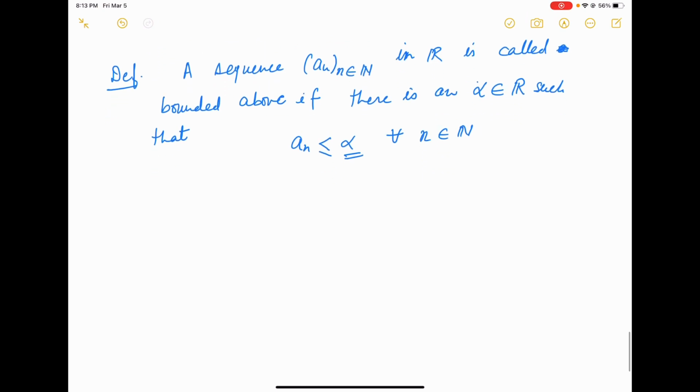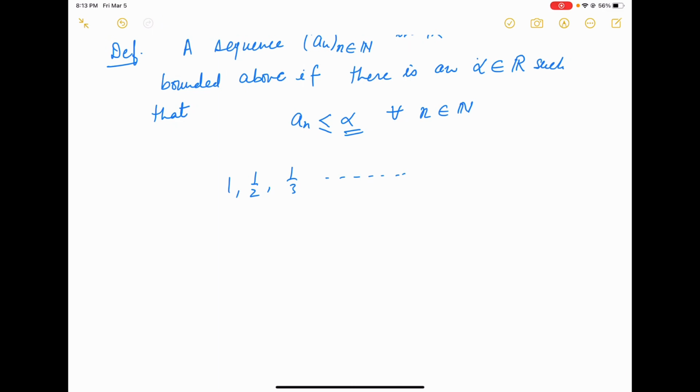For example, if we take the sequence 1, 1/2, 1/3 and so on, then each element a_n is less than or equal to 1. So this sequence is bounded above.